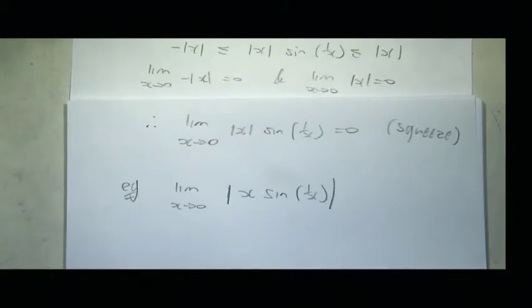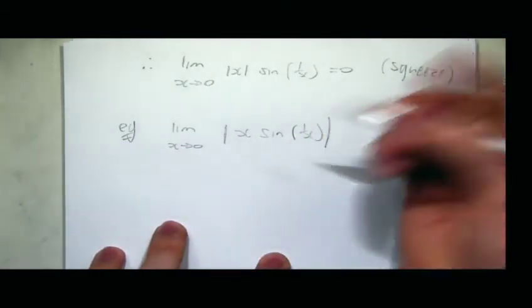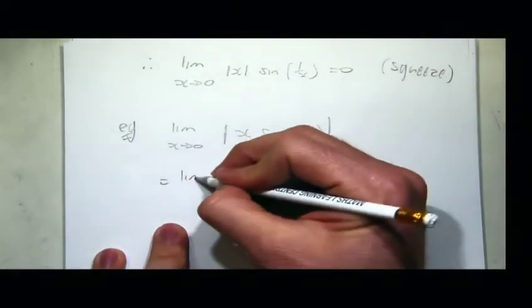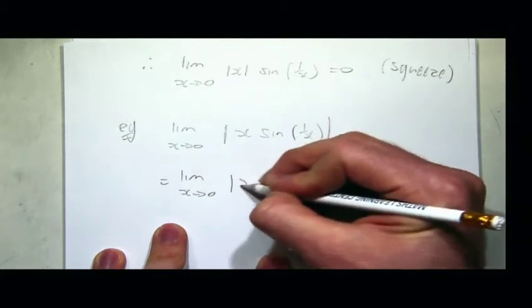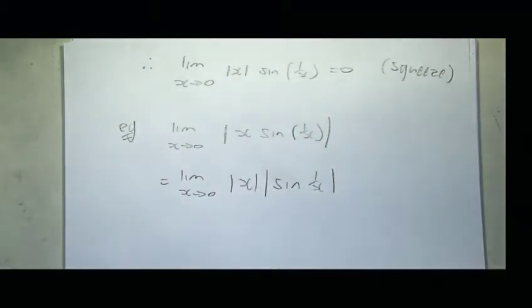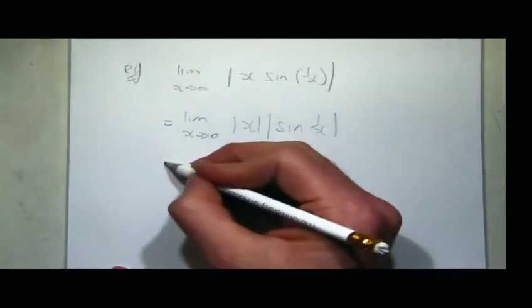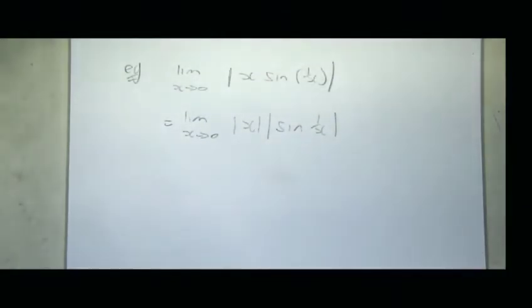And the other one is to try and separate the mod, because mod can be expanded out over multiplication. I'm going to do the first one. No, the second one. So that's the same as the limit as x goes to 0 of mod x times the mod of sine 1 over x, because mod can be expanded out over multiplication. And then I'm going to look at the part that involves trig.